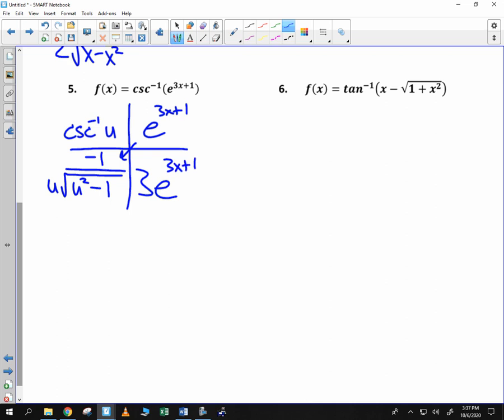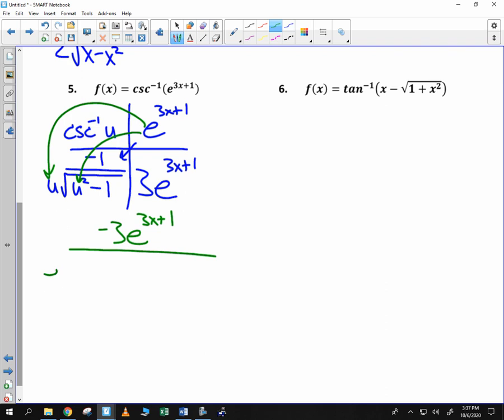So we just did the chain rule. If you don't believe me, set up the chain rule boxes and go ahead and do it that way. We multiply these together. A little trick here. You can see that the -3e to the 3x plus 1 is in the numerator. And the denominator, we need to dump this in for both of the u locations.